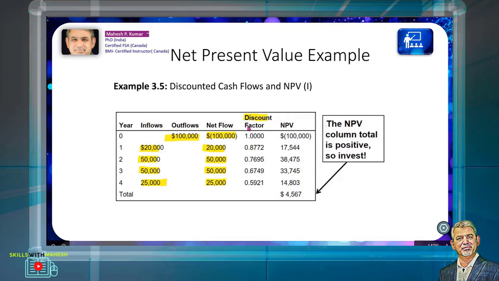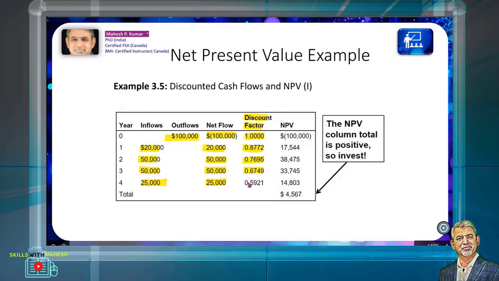And this is the discount factor, right? And the discount factor is 1, right? This year's $1 is $1. But if prices rise and the value of money depreciates, then next year it is worth 0.87, right? And third year it is worth this, right?